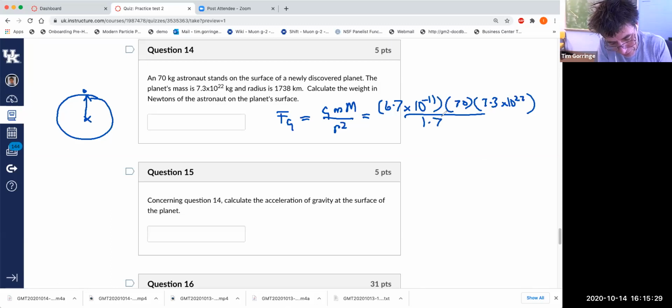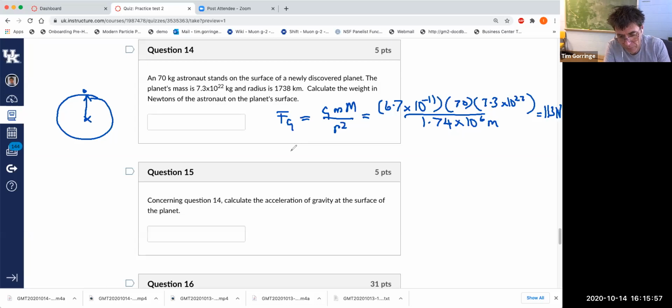Of course, I'm putting everything in SI units, so this is in meters. And if we calculate, that force comes out to be 113 newtons. That was just a straightforward application of the universal law of gravity that applies to any pairs of masses.